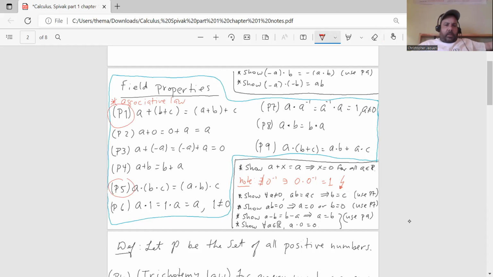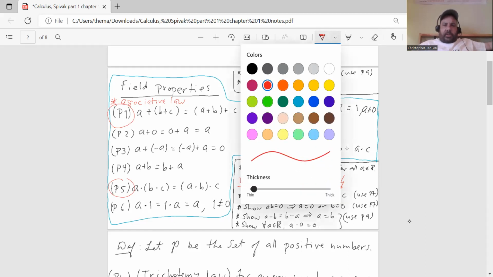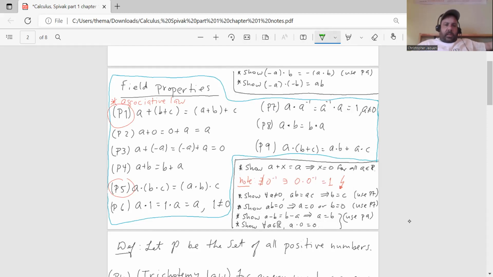Okay. Then we have some commutative laws. Maybe I'll just highlight these in different colors. P4 and P8 are commutative laws.